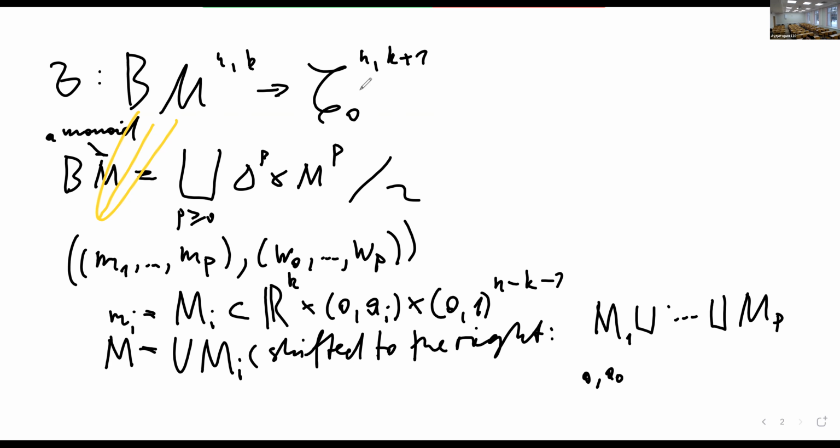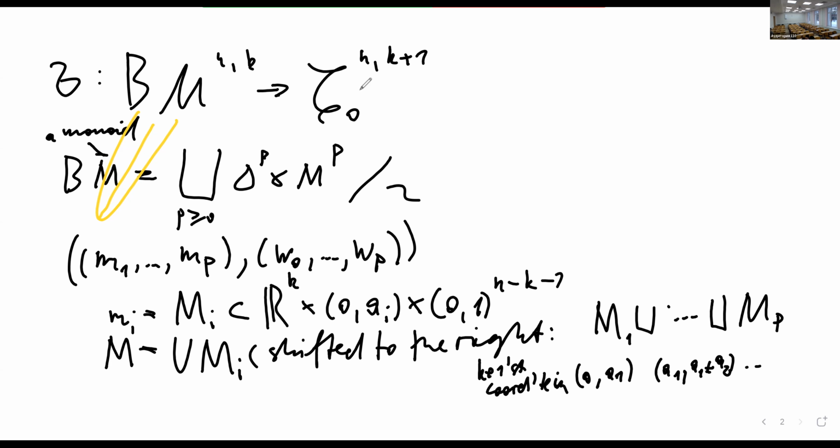The next one will live in A1 plus A2, and so on. You get the gist. And all this happens in the k plus first coordinate.